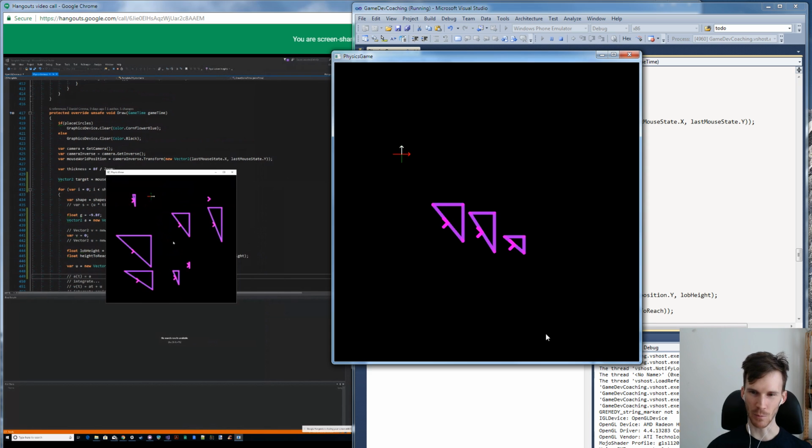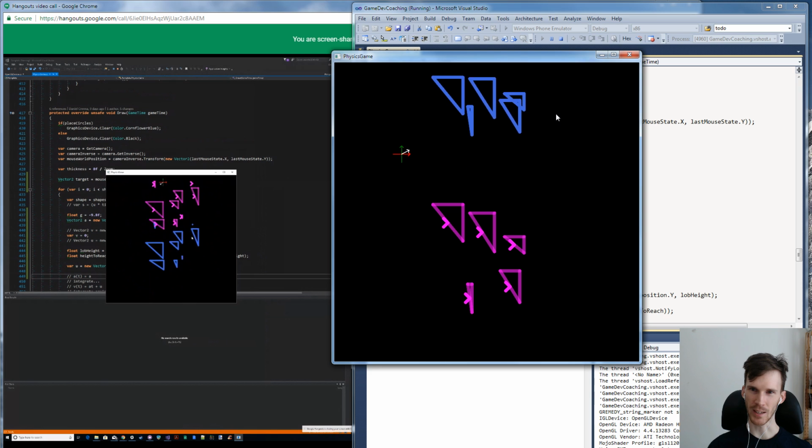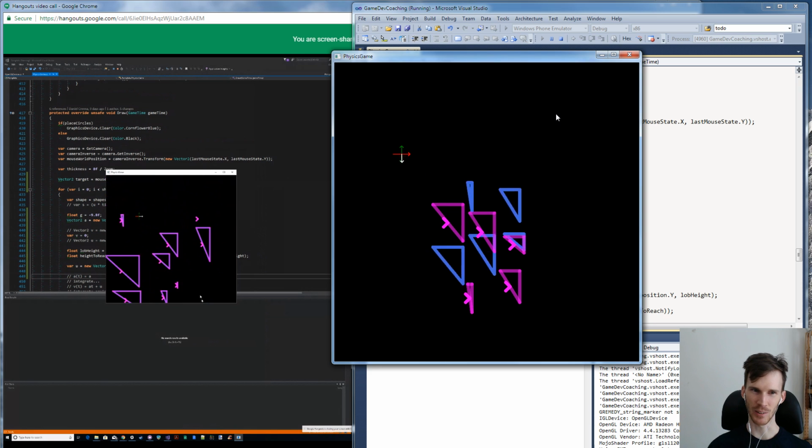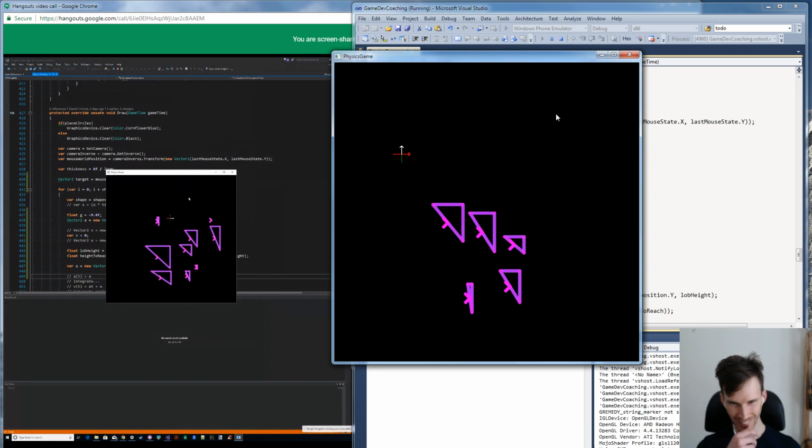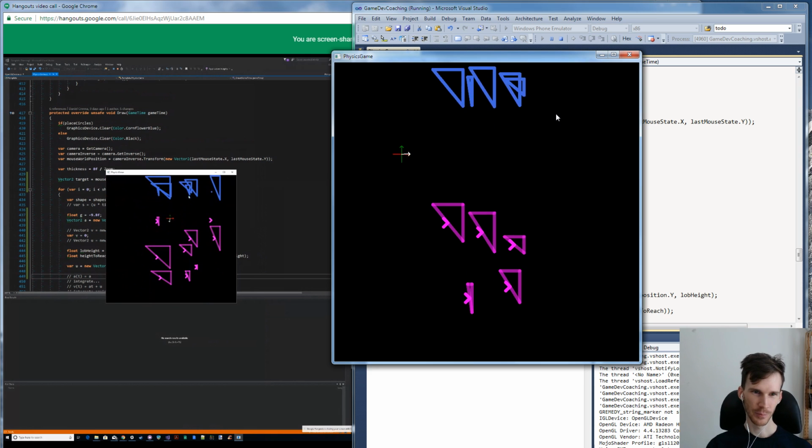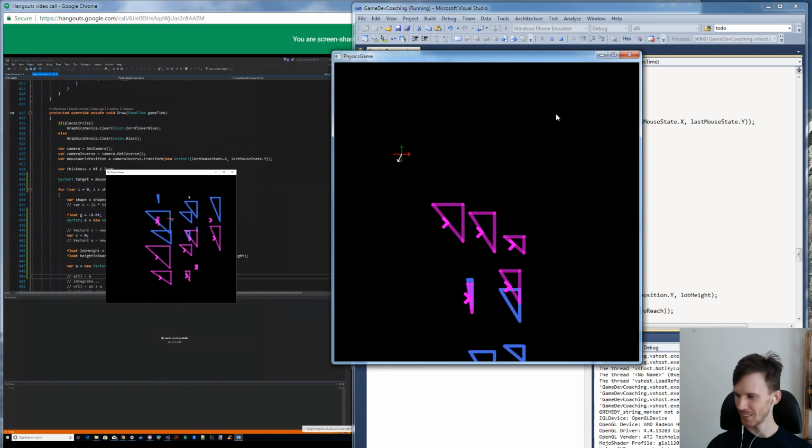Whereas if you move the mouse below everything, they all go at the same speed because they're all trying to get above this y position. Whereas if you move the mouse above them, they all try and get up to the same height and then fall. God, that's satisfying. That's pretty cool.